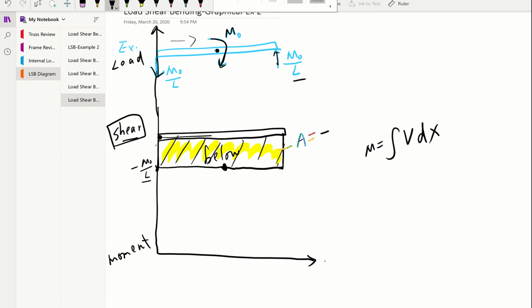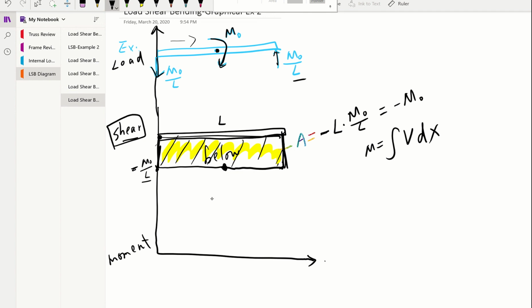This rectangle has a length of L, height negative M naught over L. Again, I don't care about this negative value because that's just going to be the height. I already take care of this sign because it's below. That will give us negative M naught. So what does that mean?